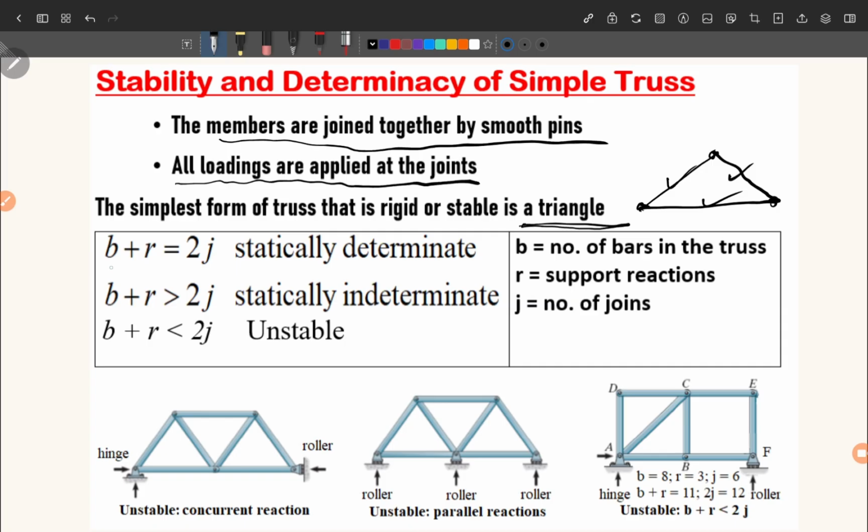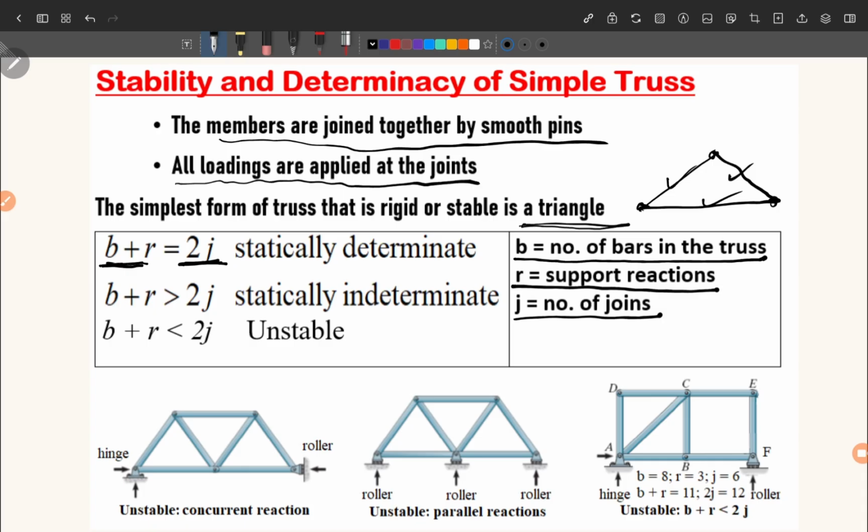Here we have this condition: if B plus R is equal to 2J. Now what is B? B is the number of bars in the truss. Number of bars means these rods. R is equal to the support reactions and J equal to number of joints.